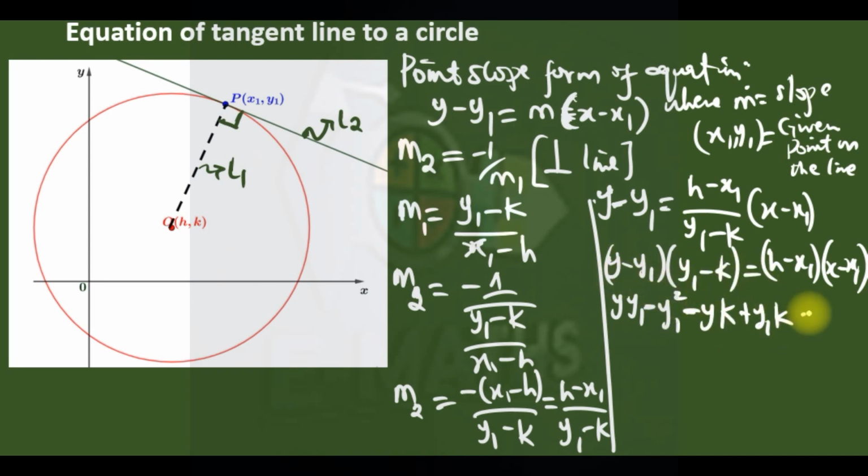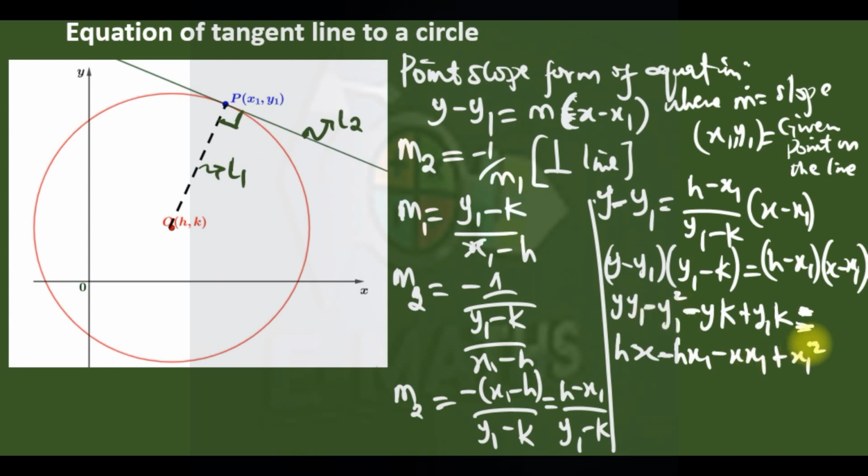So let's open up the second bracket, which is hx minus hx1 minus x1 x plus x1 squared. Now we can collect like terms.